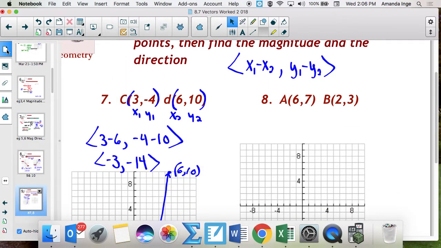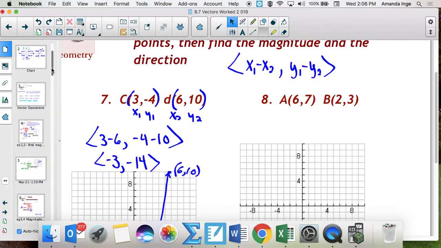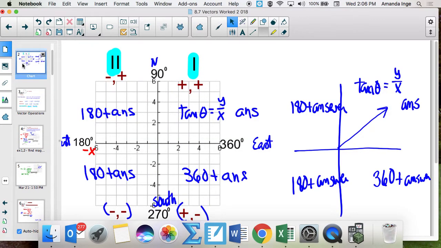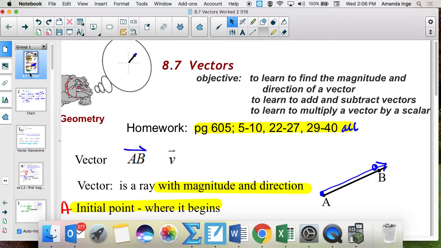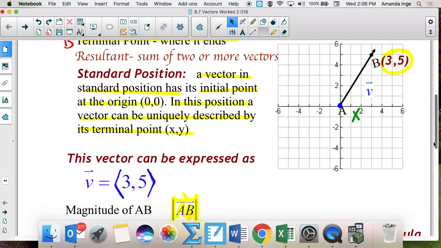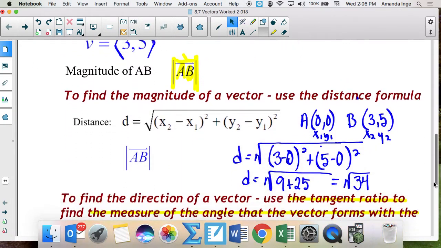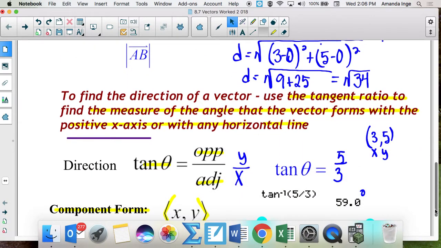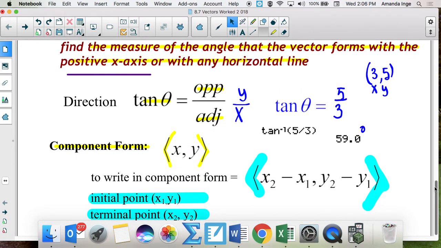I bet I messed that up. Let me look at something. I did mess it up. Alright, let's start this over, y'all. It's got to be x sub 2 minus x sub 1.